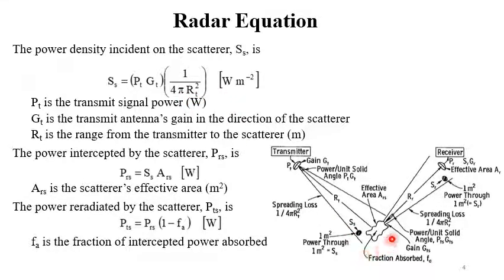Now the power intercepted by the scatterer: SS is the power density, power per unit area. So if the effective area of the scatterer is ARS, then the power intercepted by the scatterer would be SS into ARS, that is written as PRS.